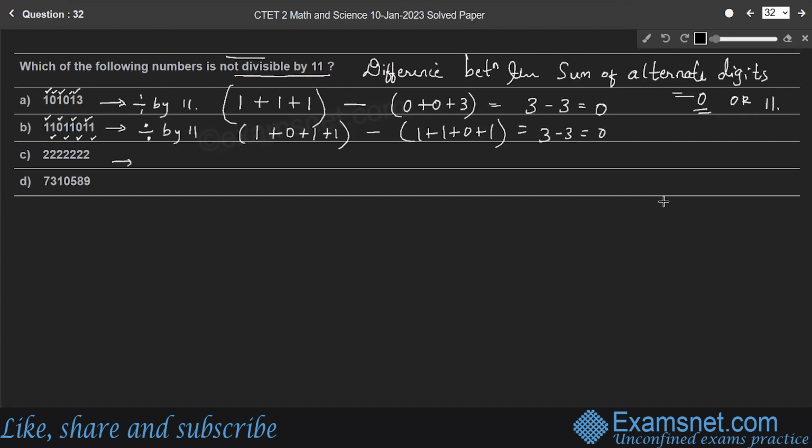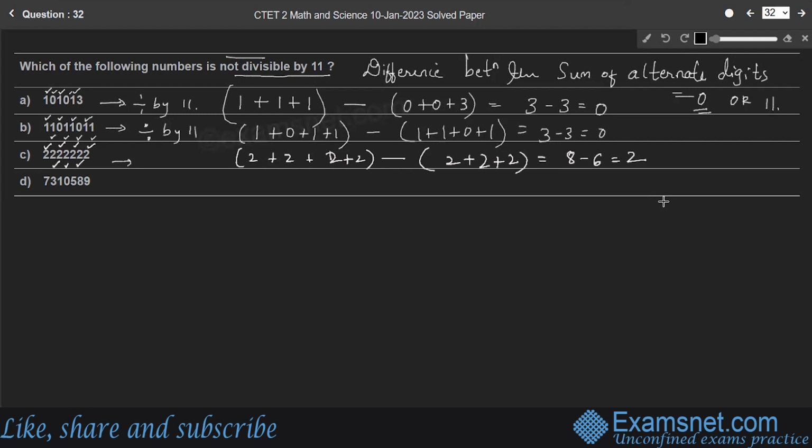We'll consider the third number, which has totally 7 digits, I think. So first digit 2 plus third one 2 plus fifth and seventh, 2 plus 2 plus 2 plus 2, minus the numbers in even places, 2 plus 2 plus 2, the second, fourth, and sixth numbers, which is equal to 8 minus 6, which is equal to 2.